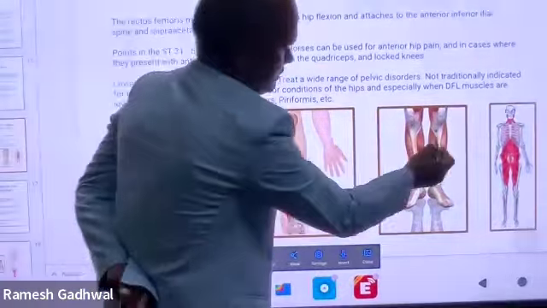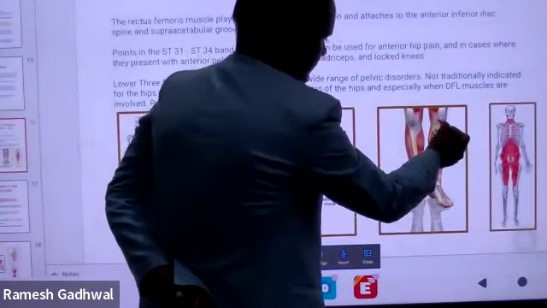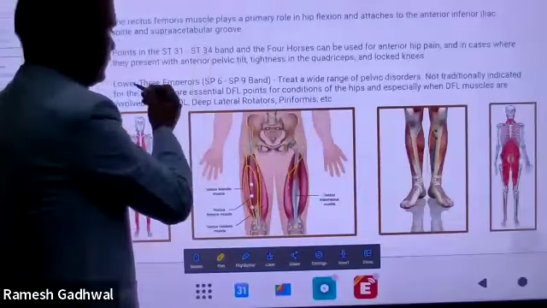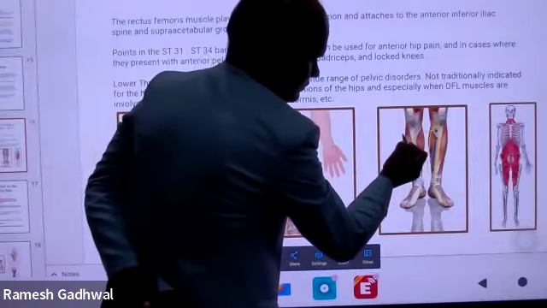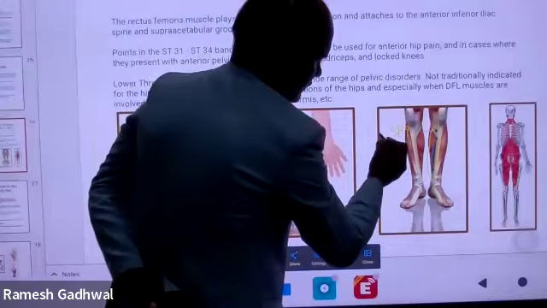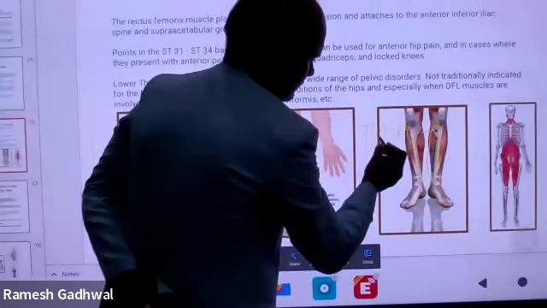So these points, if you see, are in this area. The three empowers, first point, same as SP9, equal to 77.70.